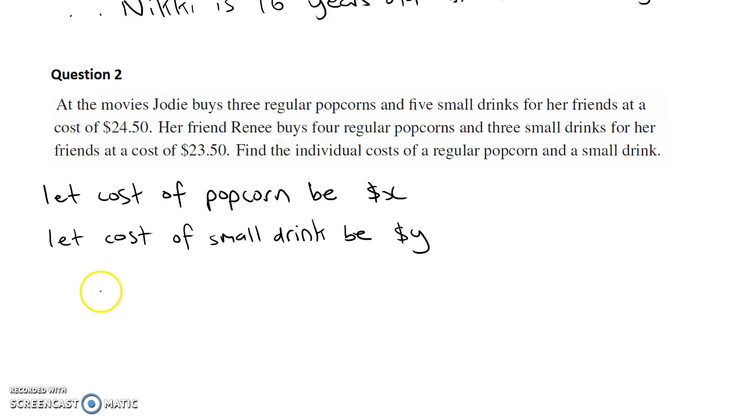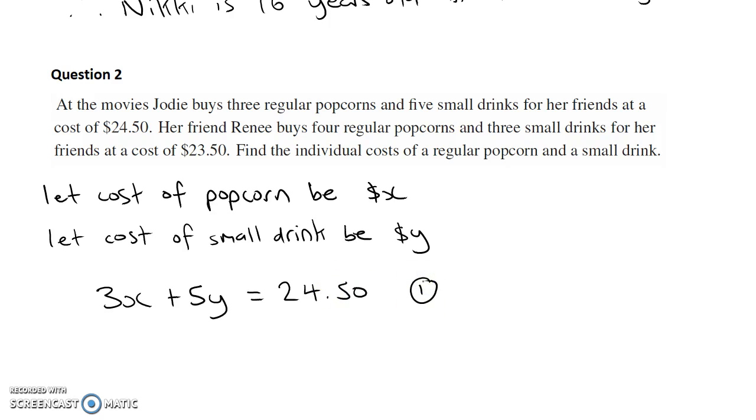So our first term will be 3X. 5 small drinks, we've let one small drink be Y dollars, so 5 small drinks will be 5Y. And we know that that adds up to $24.50. Let's call that equation 1.